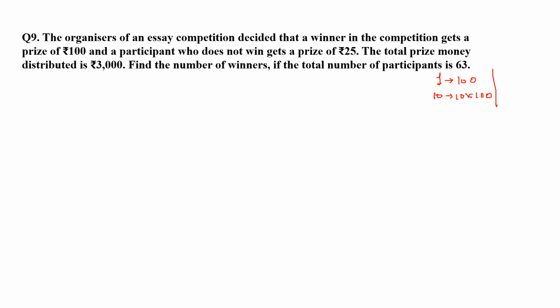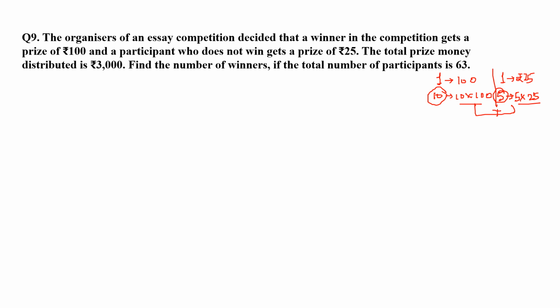Same way, if one person is not winning, they are getting 25 rupees. So if 5 people are not winning, then they will get 5 into 25 rupees, which is distributed for the people who are not winning, isn't it? And their sum is given as 3000 rupees. Here 10 and 5 I have just taken as an example to explain.